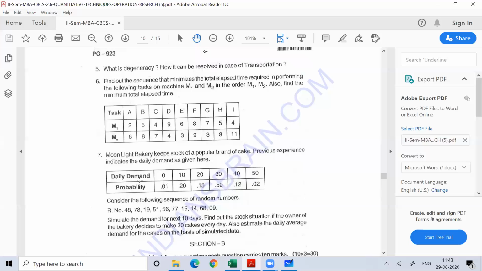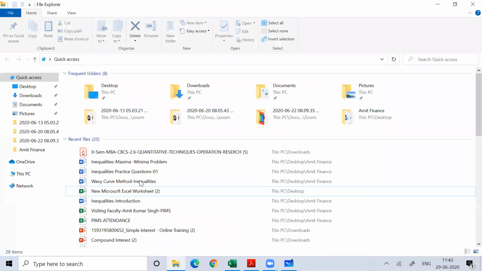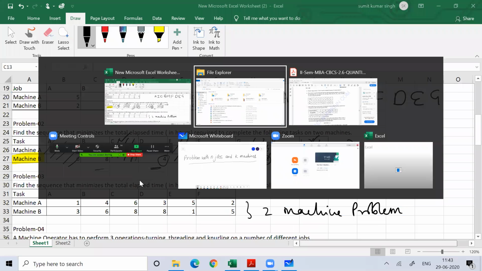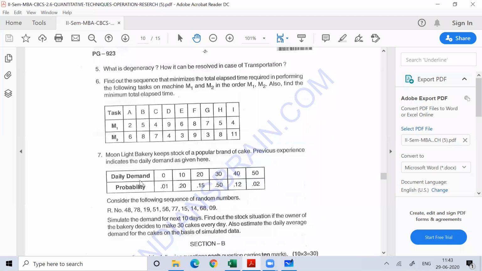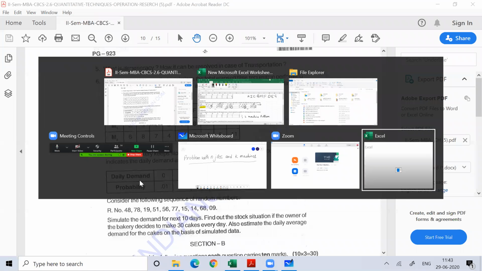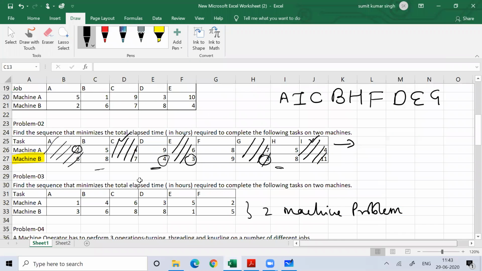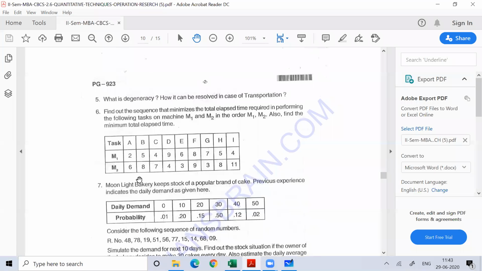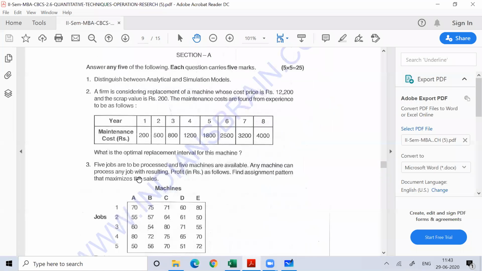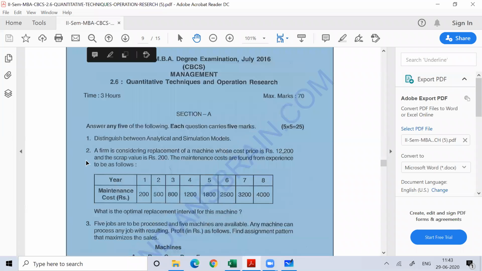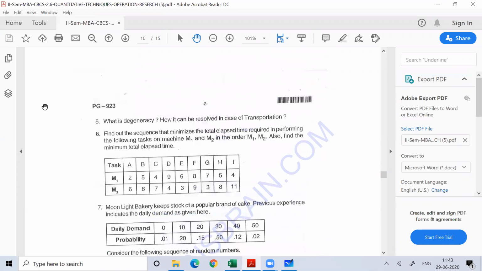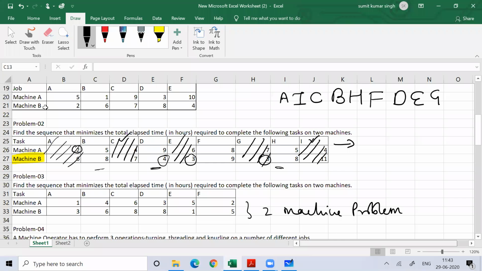This is the question, 265847 9463. You can see this question came for 5 marks in year 2016. It is one of the good questions because of the repetition.